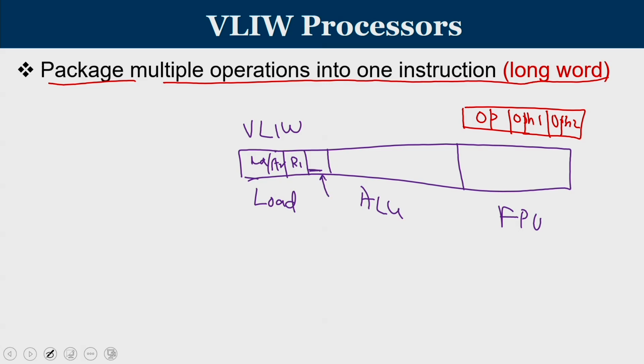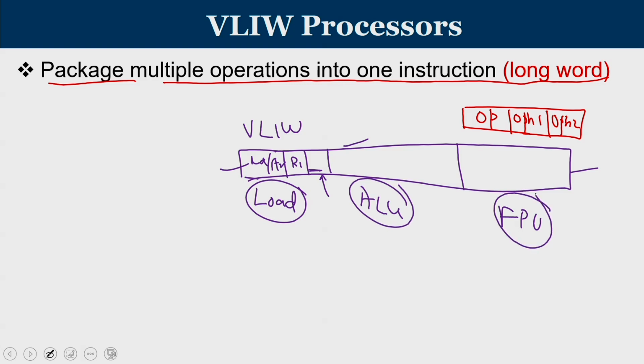So, each very long instruction word should have a load instruction, an ALU instruction, and a floating point instruction. What happens is all of them go together into the execution unit. So, the load instruction, the ALU instruction and the floating point instruction work exactly in parallel.